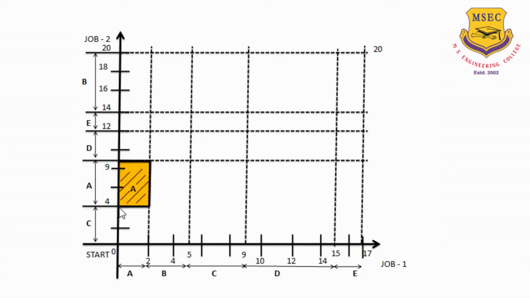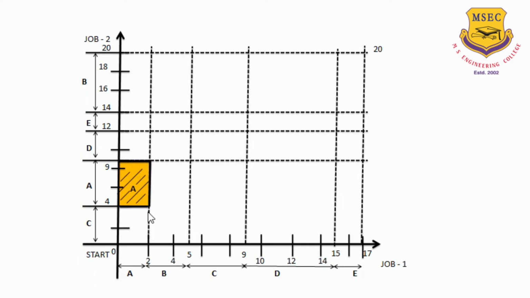So you will have a rectangle of 2 by 5 units. We get a 2 by 5 rectangle, and we mark this with a different color, and this is called the A machine zone, where we are going to mark like this.